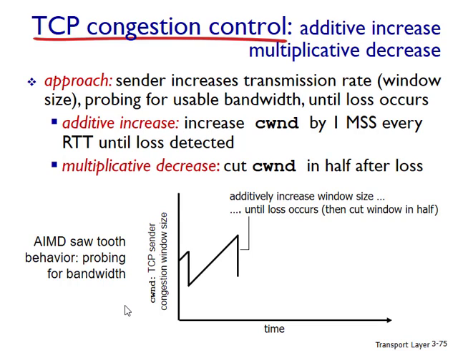Note that if the acknowledgments arrive at a relatively slow rate, then the congestion window will be increased at a relatively slow rate also. On the other hand, if acknowledgments arrive at a higher rate, then the congestion window will be increased more quickly. Because TCP uses acknowledgments to trigger its increase in congestion window size, TCP is said to be self-clocking.